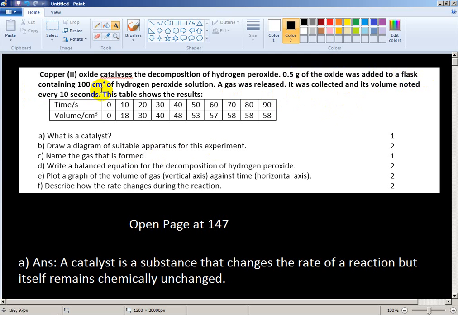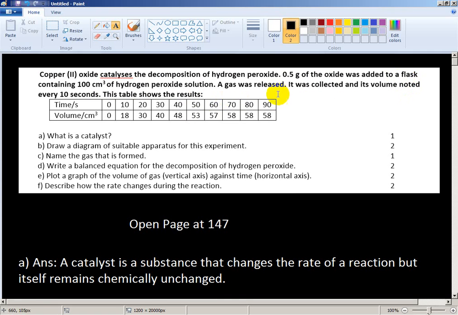This flask contains 100 cubic centimeter of hydrogen peroxide solution. So the first apparatus is a flask.